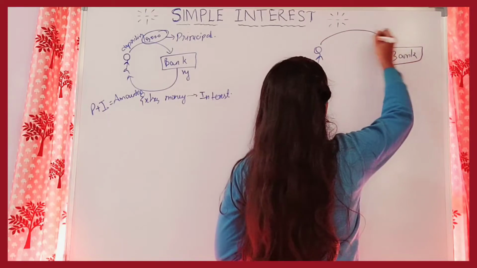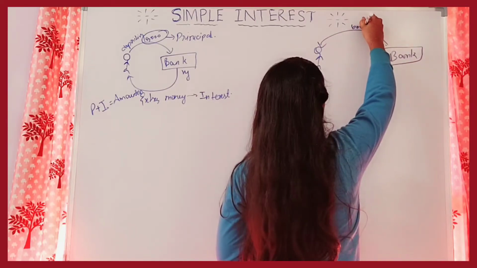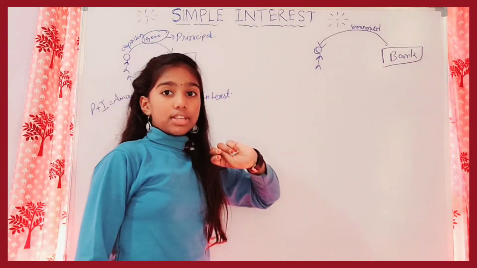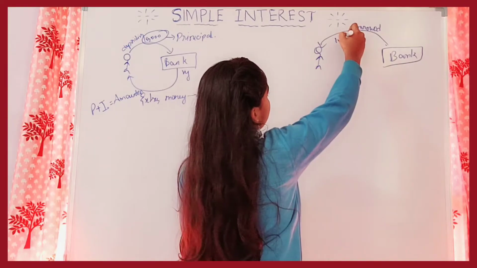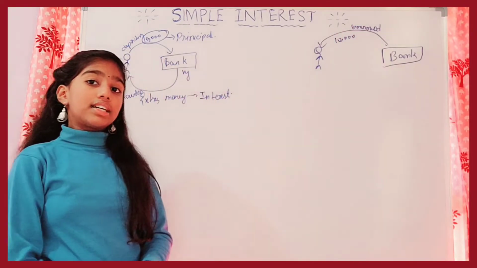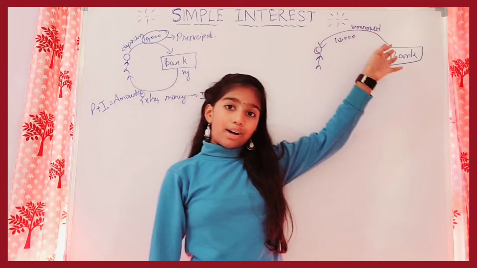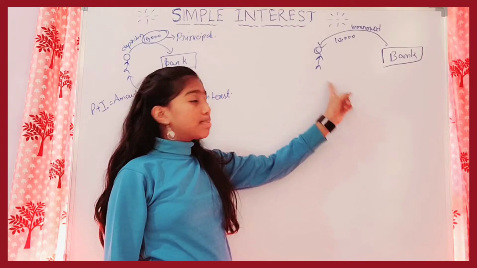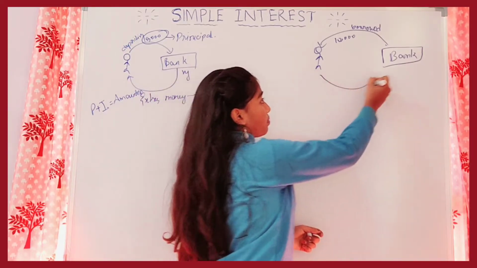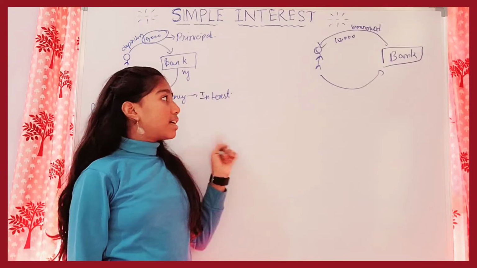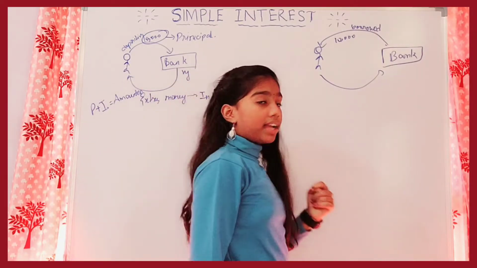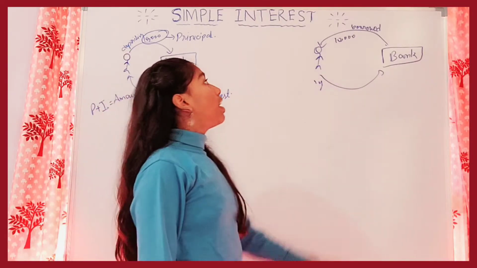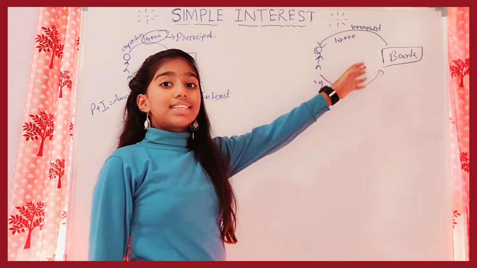Let's think the person had borrowed 10,000 from the bank, and after 1 year the person gives back the money he took from the bank. So this person will give the 10,000 with some extra money.